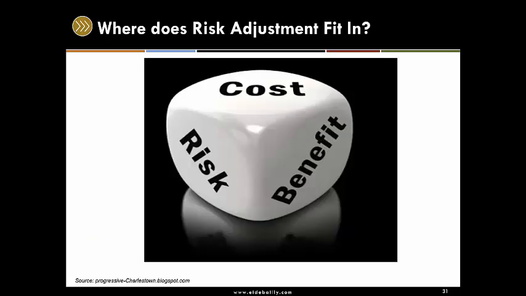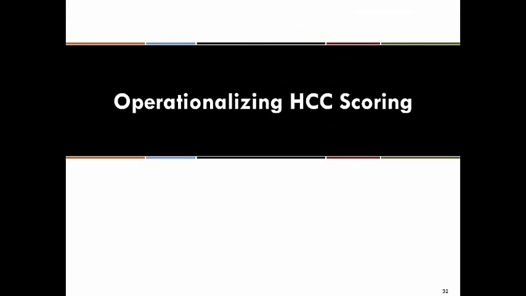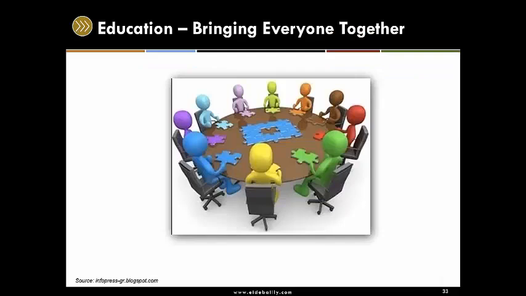So where does risk adjustment fit in? Again, all of these costs are risk adjusted to reflect the complexity of care the patient needs based on the HCC score. How do we operationalize HCC scoring? It's definitely important to bring everyone together to the table for this. This is not a clinician issue, this is not a coder issue, and this is not a leadership issue.